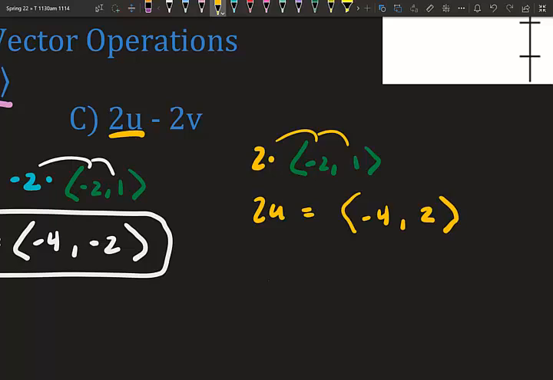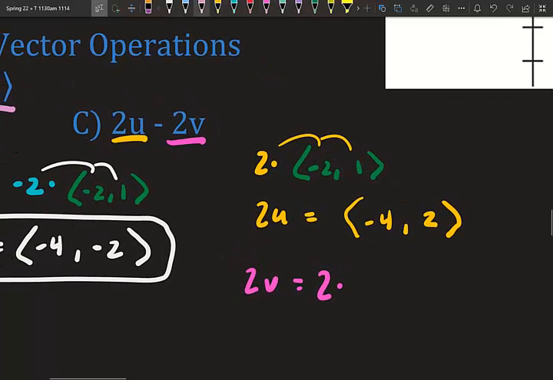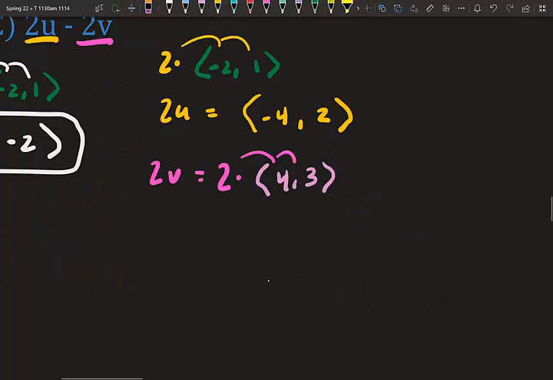Now we have to find 2V. So 2V stands for 2 times V. V is represented by 4, 3. So we distribute, and we get 2V to equal 8, 6.